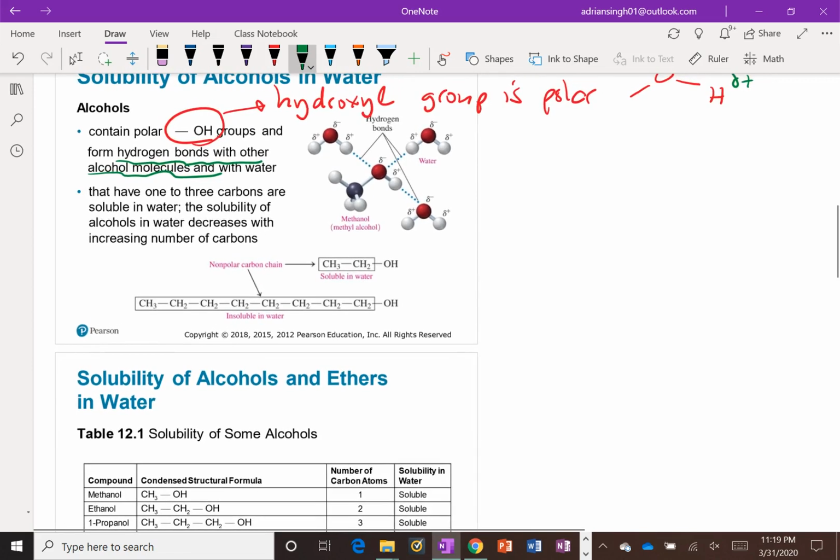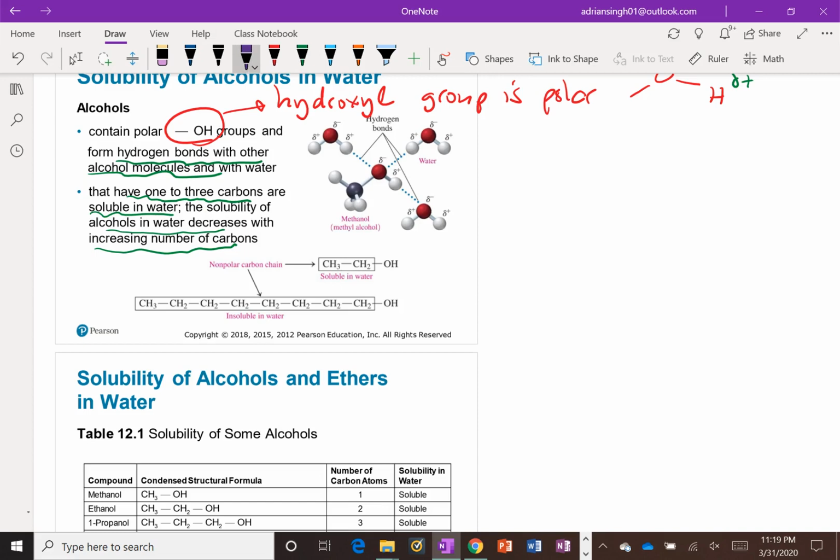well. So what we're going to see is that relatively small alcohols, ones that contain 1 to 3 carbons, are very soluble in water. And then the general trend that we'll see is as the alcohol increases in size, the solubility of these alcohols in water decreases.